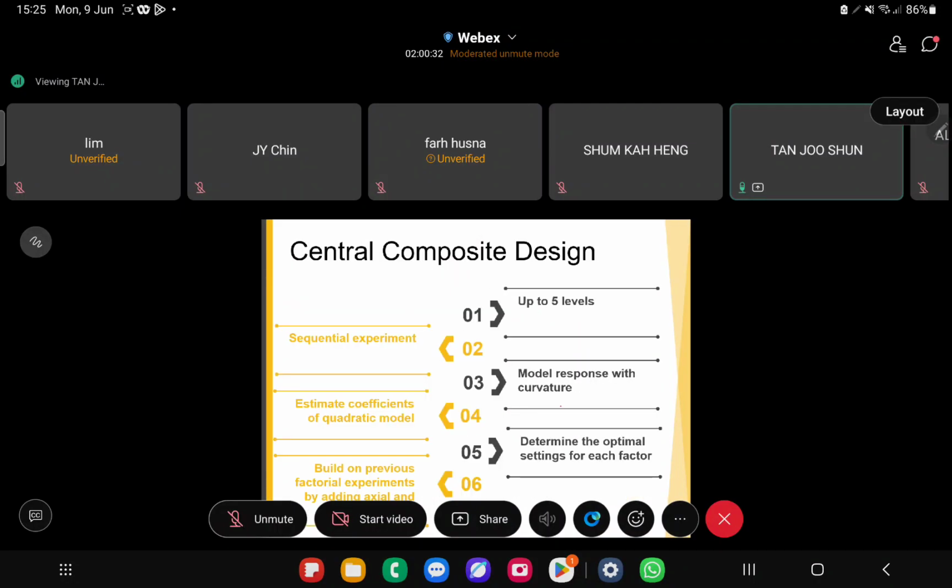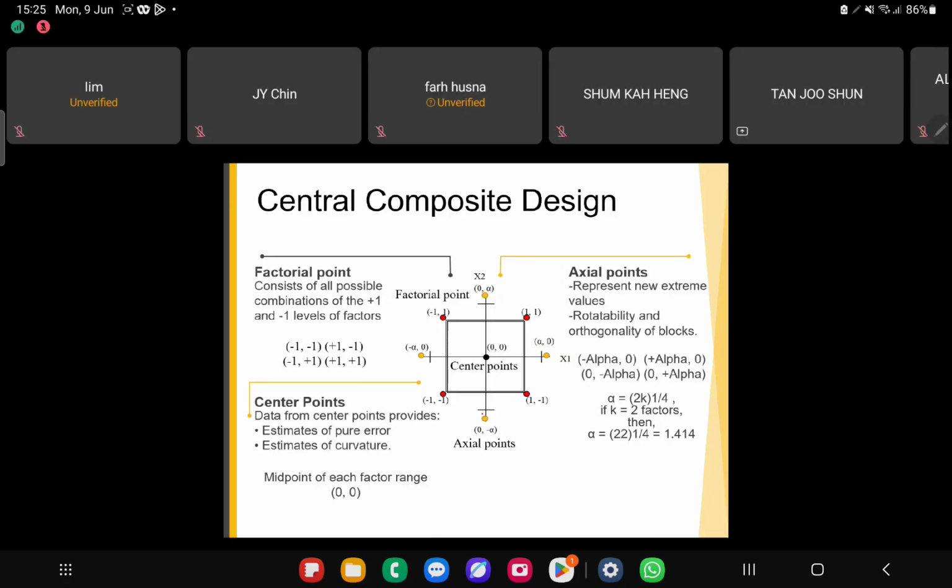So these are some summary. Okay, like just now I said CCD has 5 points, 5 levels. So there is the center point, the factorial points, and another one called the axial points, or we call it alpha, positive alpha and negative alpha.